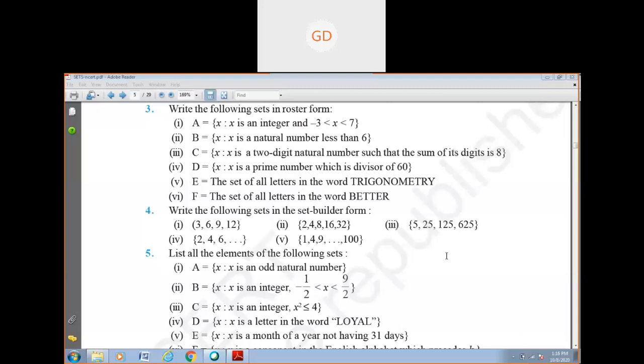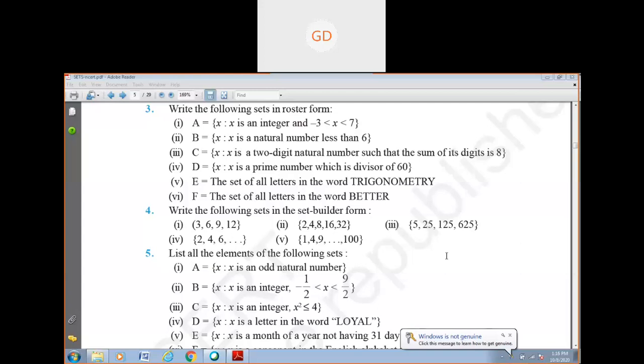If you observe carefully, you will see 3, 6, 9, 12. These are actually multiples of 3. 3 into 1 is 3, the first element. 3 into 2, 6, the second element. 3 into 3, the third element. 3 into 4, 12, the fourth element.